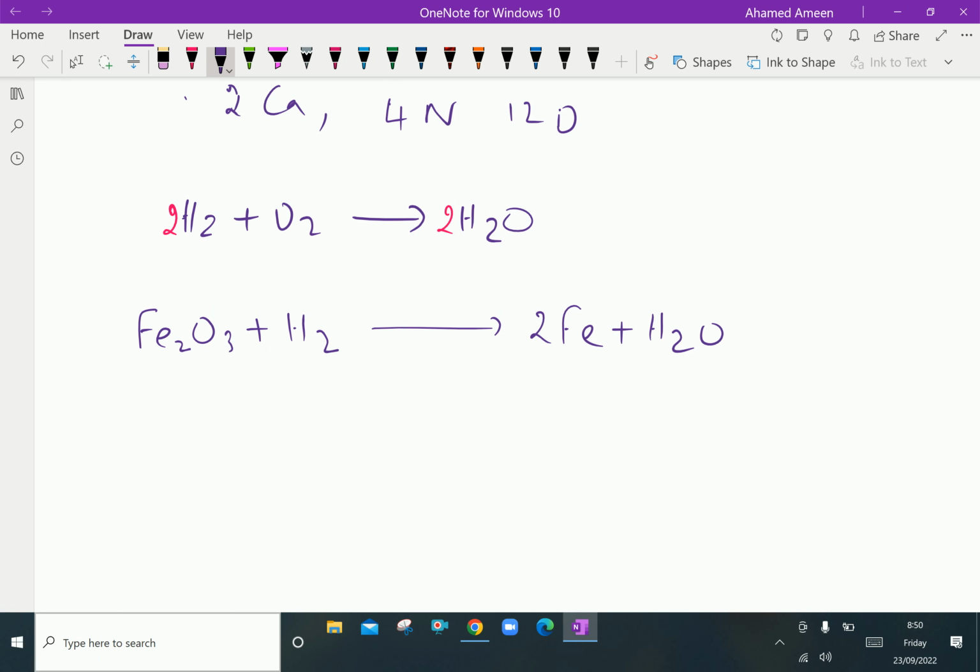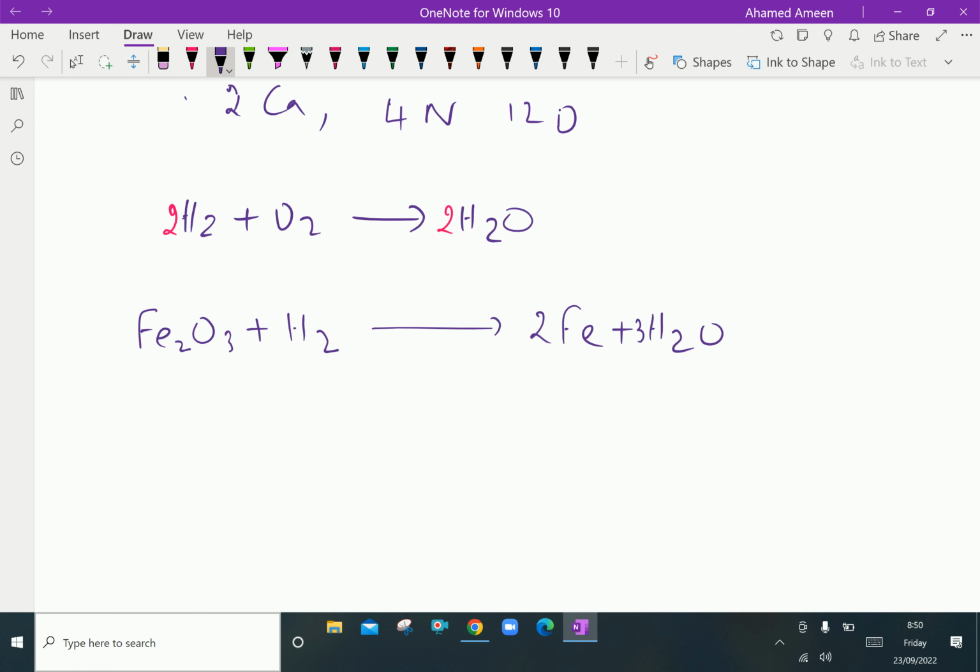Now let us balance this. Here Fe is 2 and here Fe is 2, and O is 3 here, but O is 1 only here, so I have to make it 3 here.